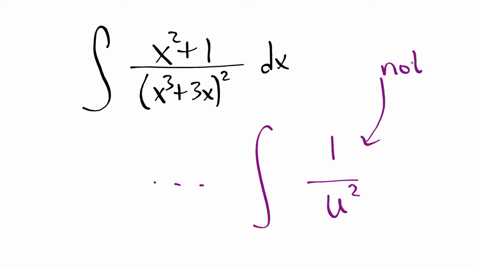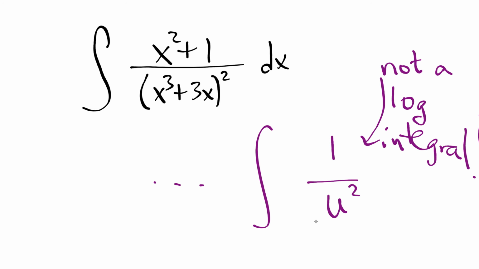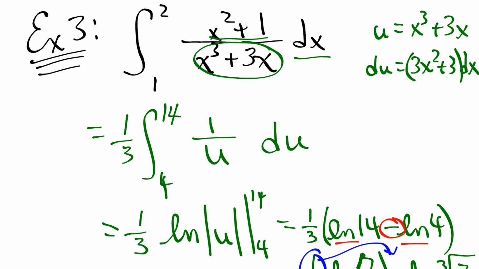This is not a log integral. This is u to the negative 2, and the antiderivative of u to the negative 2 has to do with u to the negative 1. The only situation where we pull out the log, the only situation where the log function becomes important, is when there is a u to the 1 in the denominator.